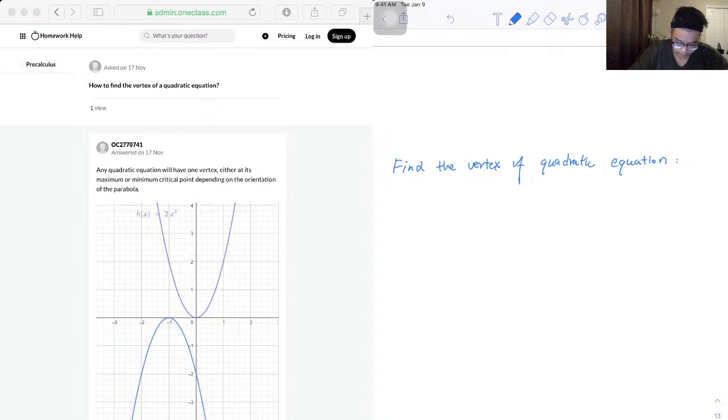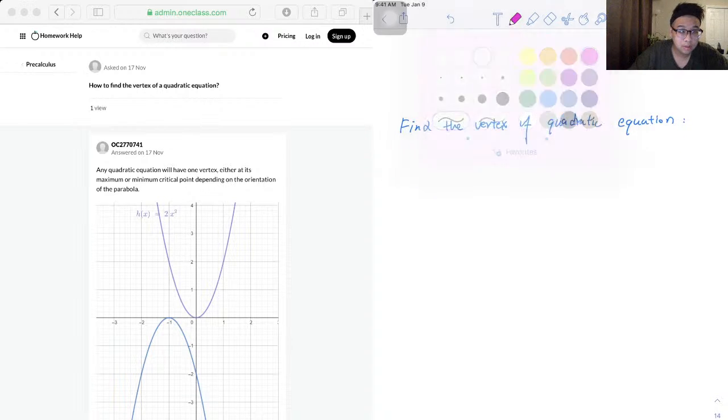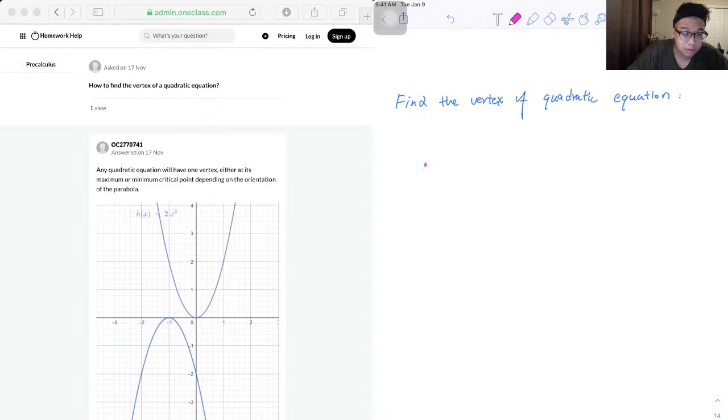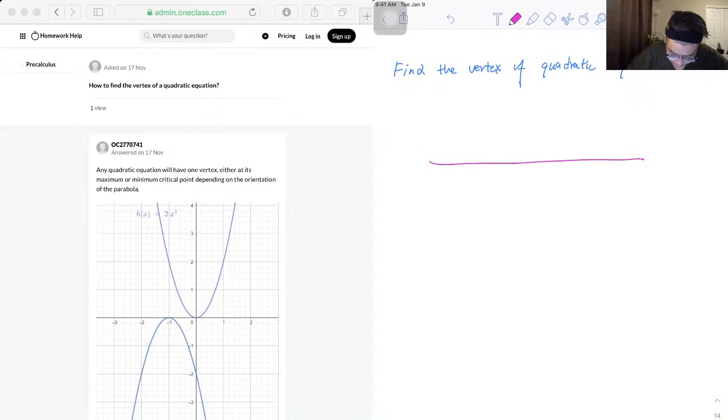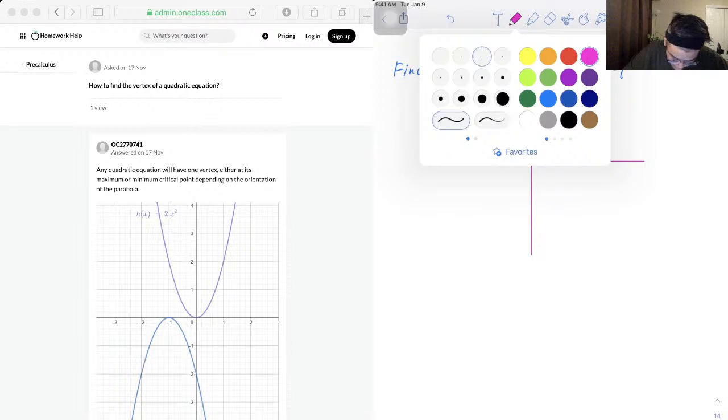Alright, so first, any quadratic equation will have one vertex, either at its maximum or minimum critical point, depending on the orientation of the parabola. So let's say we got a graph that looks like this, and another one.